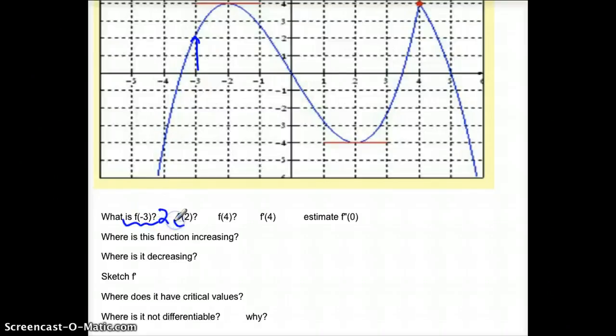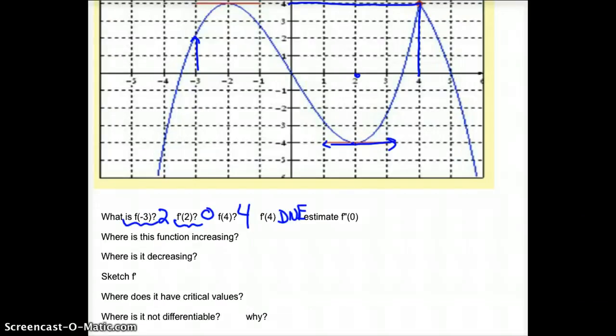When it says to find f prime at 2, it means I want the slope of the tangent line at 2. So since that one's a horizontal tangent, it'd be 0. When it says find f of 4, that exists. The value of the function at 4 is 4. But the next one up, when it says what's the derivative at 4, you'd say it doesn't exist because of that cusp up there. All right? So know how to answer these questions.